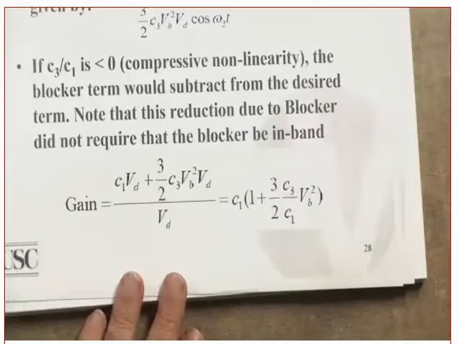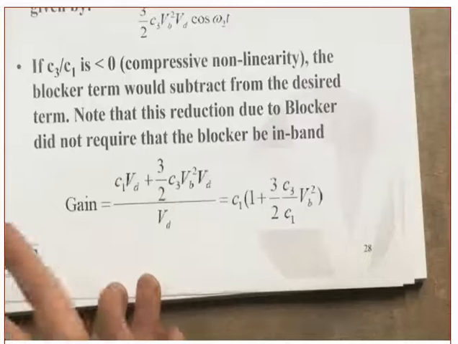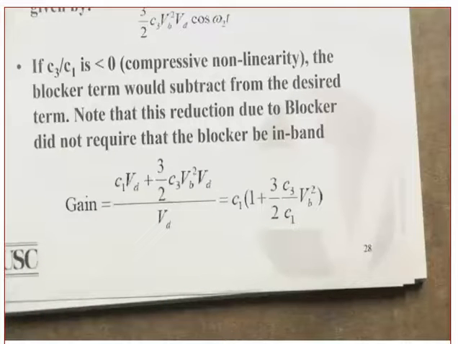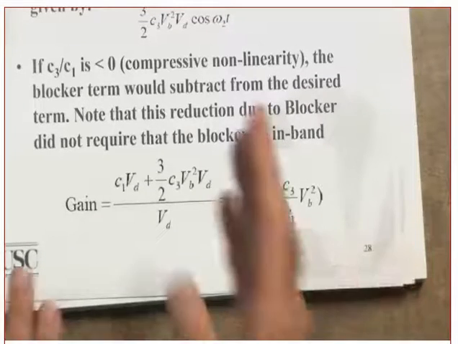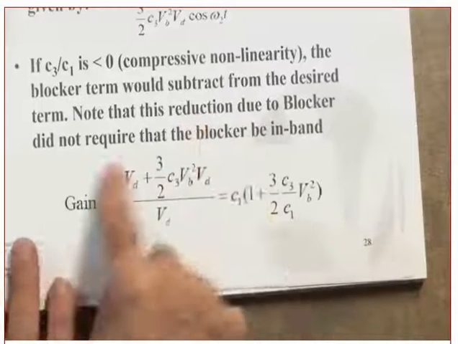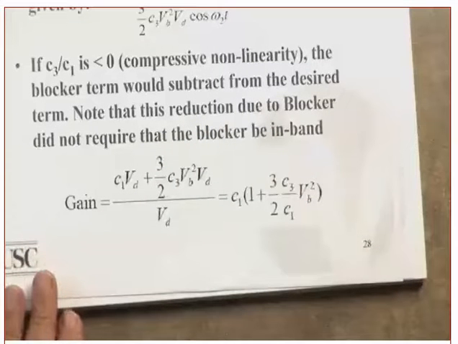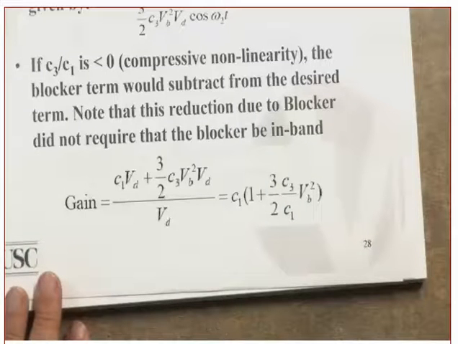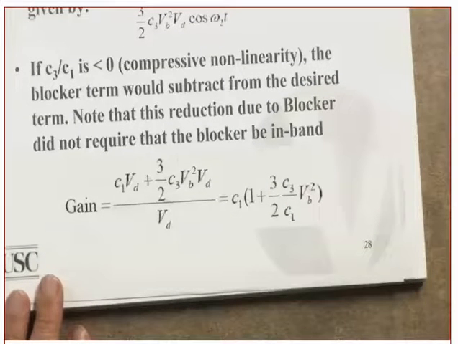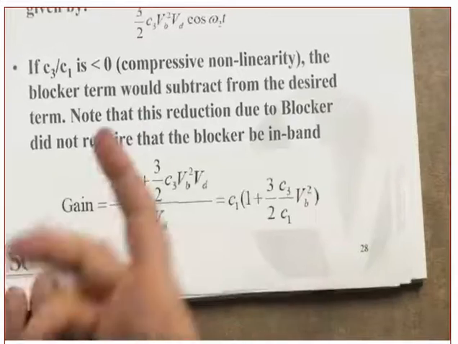Are you following me on that? Clear? The in-band is always a problem. You need to deal with it. Clear? Here the statement is telling you that even if the blocker happens to be out of band, it still can result in terms which are in band, or even at the same frequency. Clear?